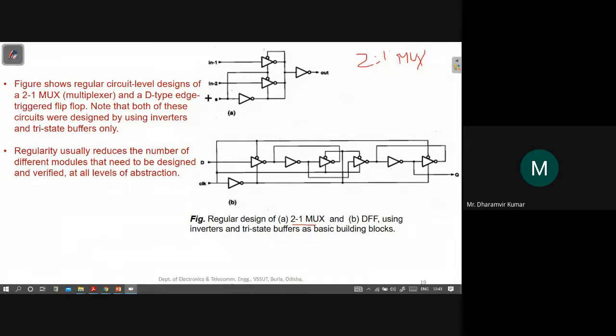This definition, you are aware of. Now this simple 2:1 block can be designed with the help of AND, OR and inverter gates. But here this design shows that this 2:1 multiplexer is being designed with the help of this inverter block, and these are tri-state buffers.